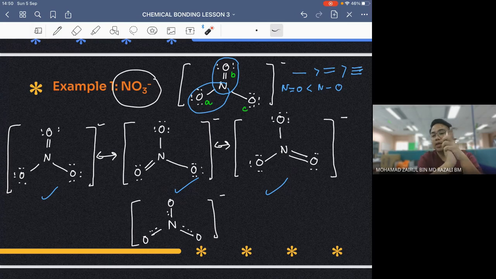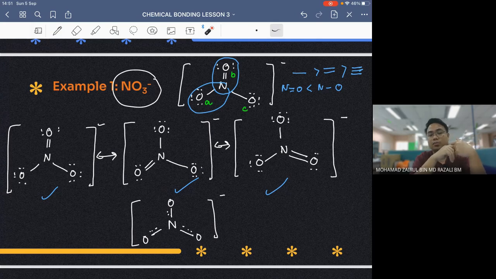So ingat, nak lukis resonance structure, awak gerakkan je double bond tu dengan lone pair, as long as dia either obey octet, expanded ke incomplete ke ataupun duplex. So, tapi for this case, kita kena obey octet lah. Sebab nitrogen dan oksigen, especially dia tak ada exception to octet rule.